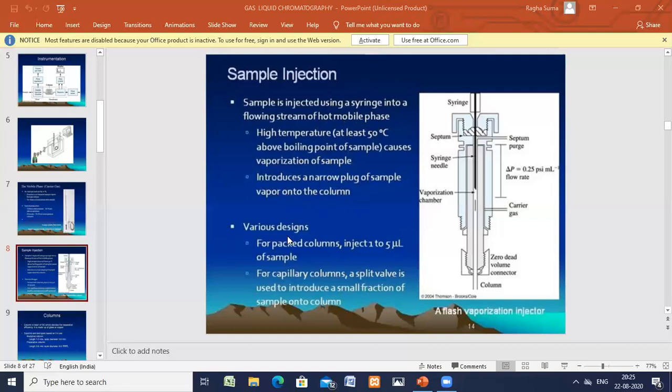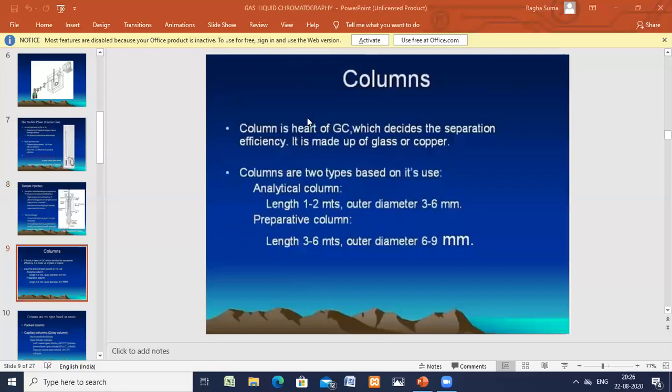These columns are of different types, packed column and capillary column. Depending upon the type of the column, whatever sample is injected, converted to vapor and combined with the mobile gas phase, comes into these columns. So the column is the heart of the GC.